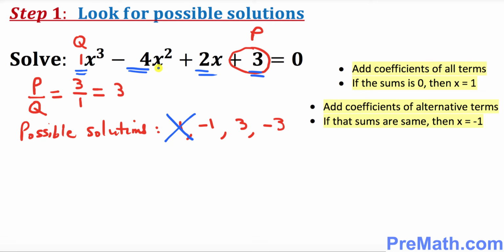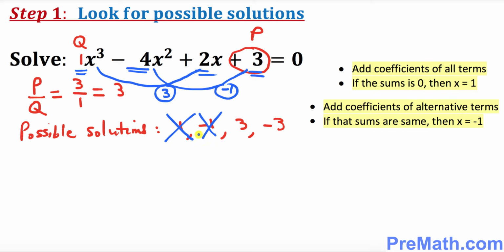The other rule was what? If you add these alternate coefficients, this 1 and 2 give you 3, and this negative 4 and 3 give you negative 1. Since these two numbers are not the same, x equal to negative 1 is not our solution as well.